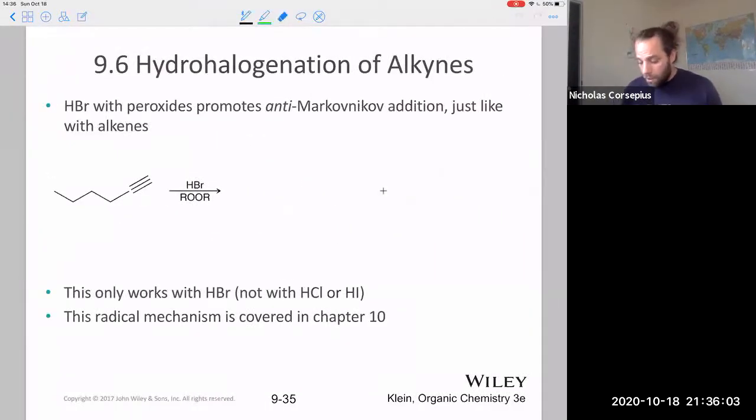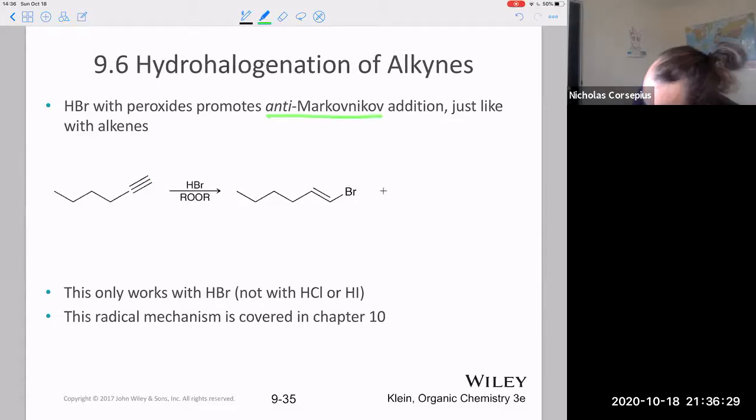Now that was if we just have hydrobromic acid, for example. What happens if we have hydrobromic acid in the presence of a peroxide? Do you guys remember what a peroxide was doing for us in the alkenes lecture? Right, so in the presence of peroxide, what we get is addition on the less highly substituted carbon, or the anti-Markovnikov addition. So here, the bromine is being added to that terminal carbon.